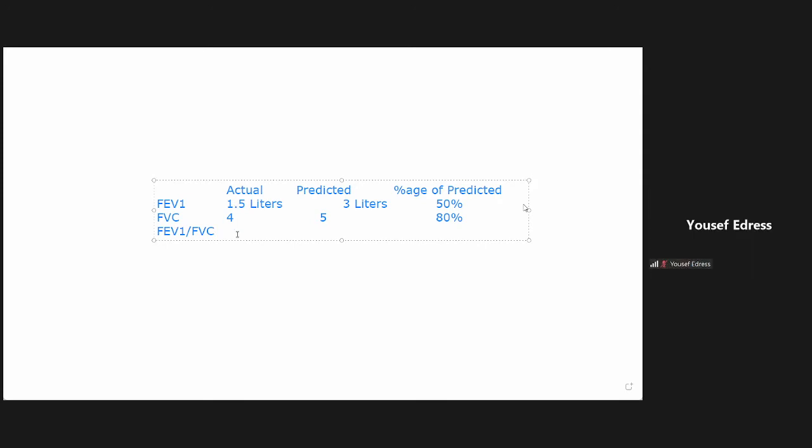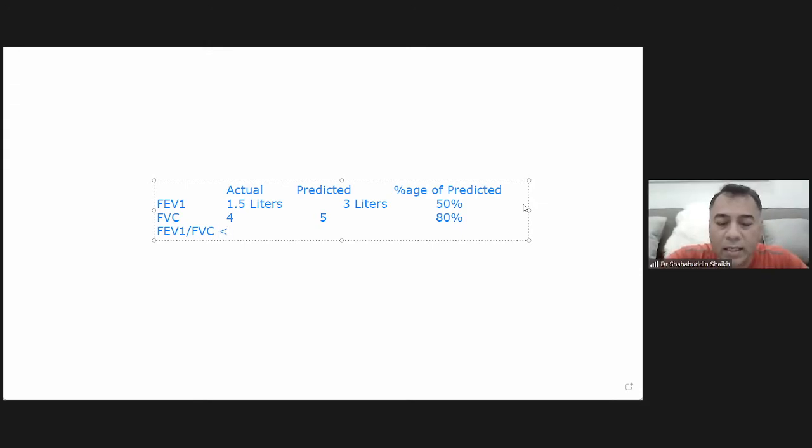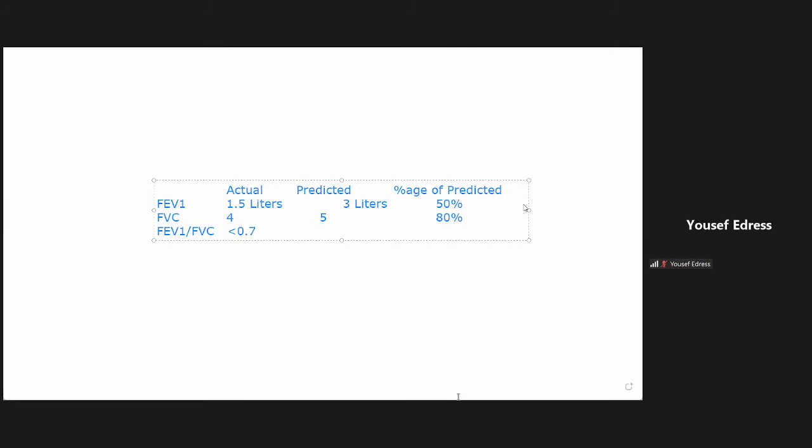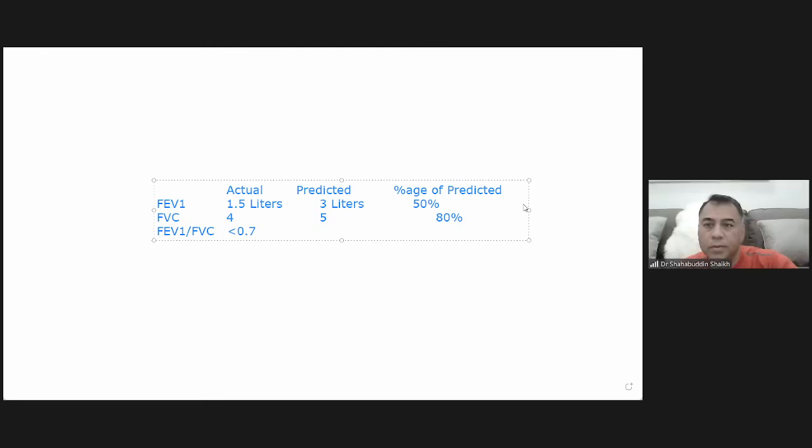It is less than 0.7. Let me write down less than 0.7. Clear? In the exam, they will give you the ratio, so there is no number I should know, right? Yes.